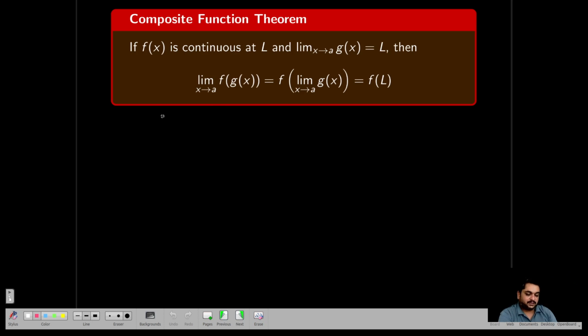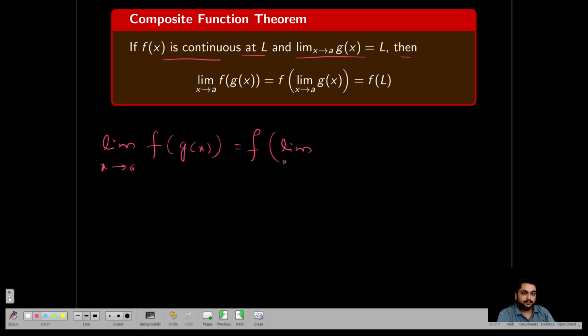Next, the composite function theorem. Composite functions are already seen, f of g of x. When you apply it to limits, how will you find it at the continuity? If f of x is continuous at L, and the limit as x approaches a of g of x equals L, then the limit as x approaches a of f of g of x is equal to f of the limit as x approaches a of g of x.